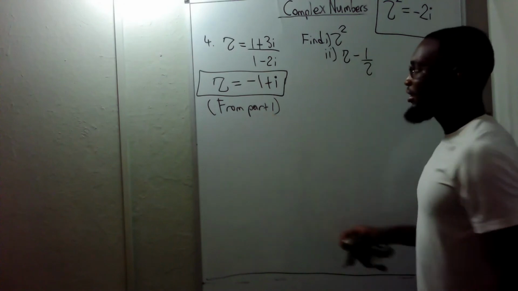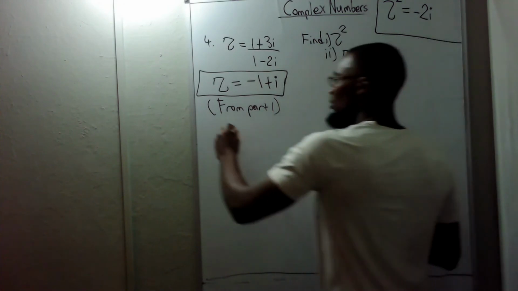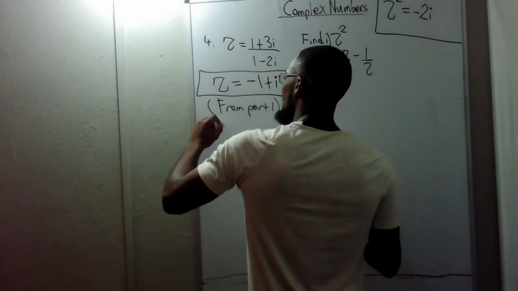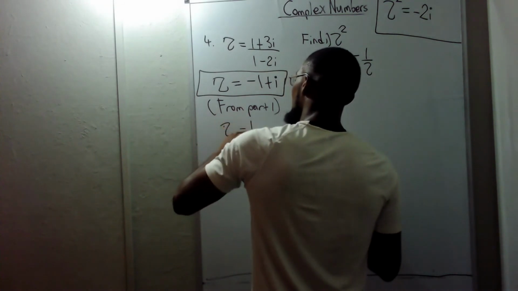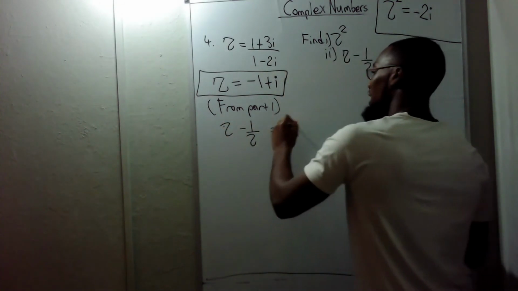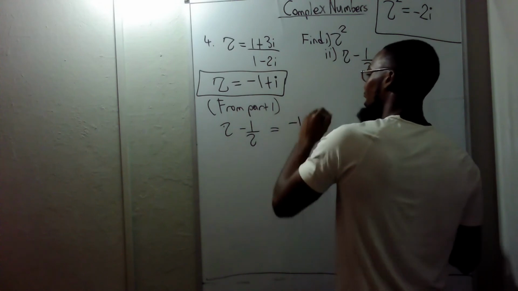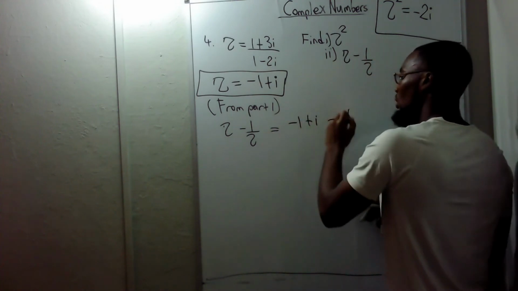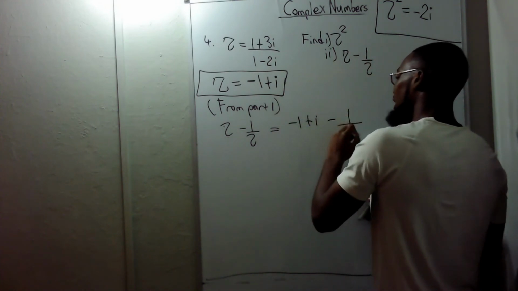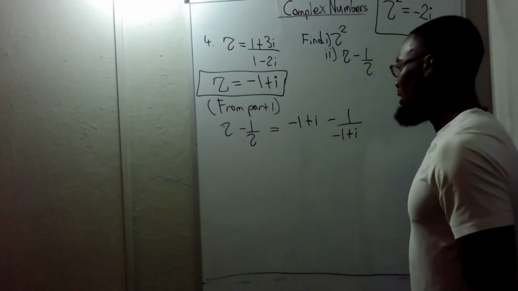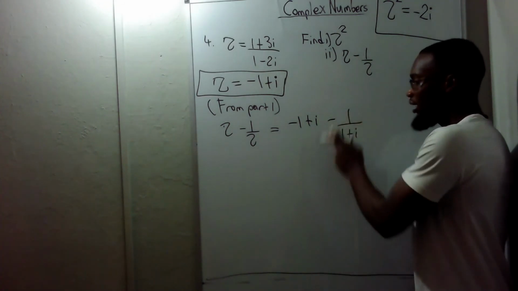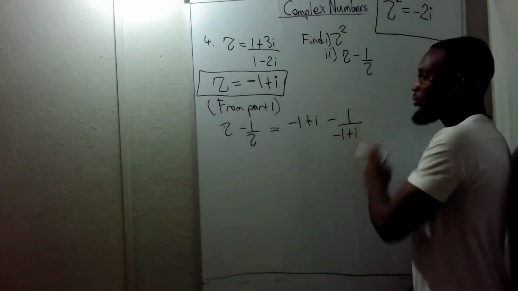Alright, so therefore if we want z minus 1 over z, they're just asking us to find minus 1 plus i minus 1 over minus 1 plus i. Okay, so this is what we need to work out. Now we need to find what is 1 over z.